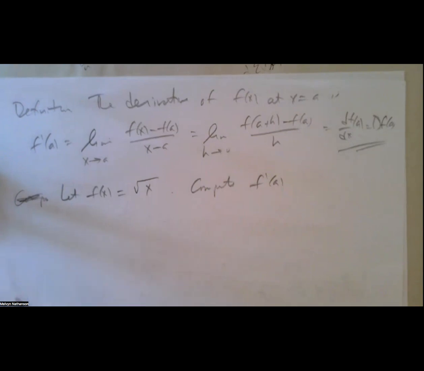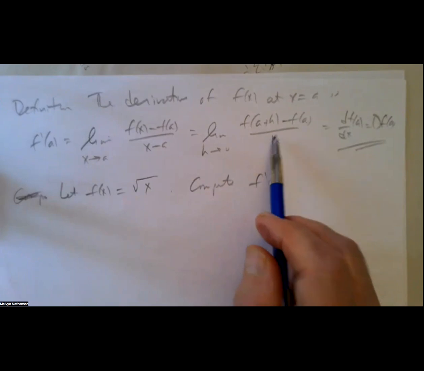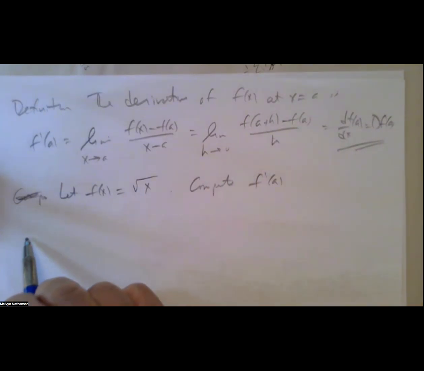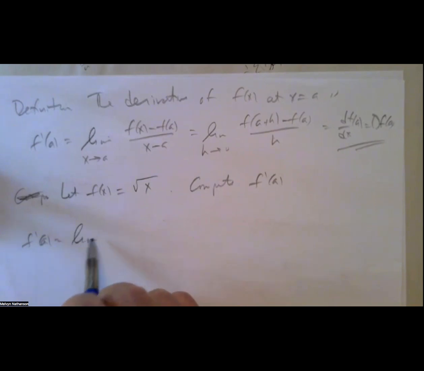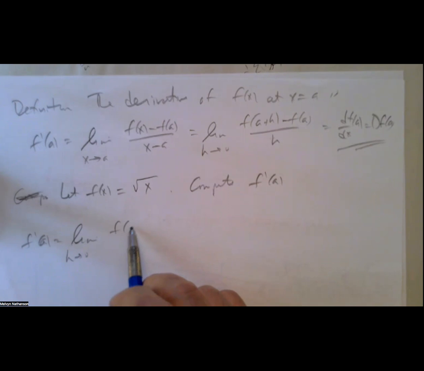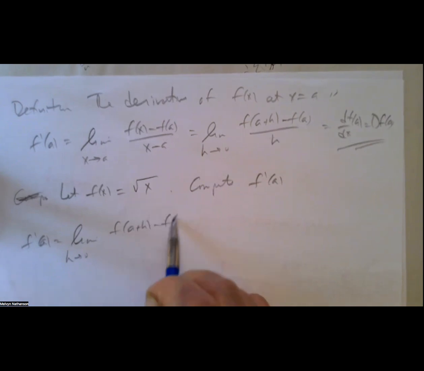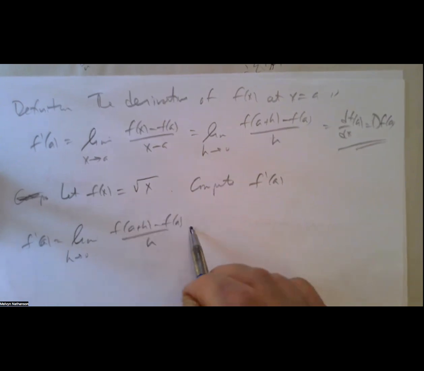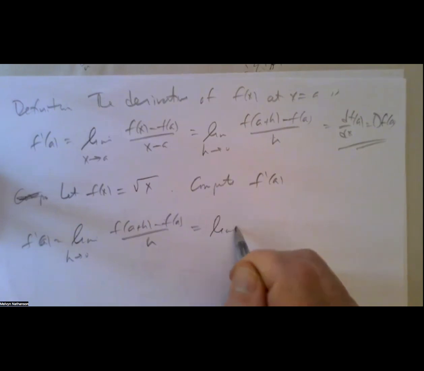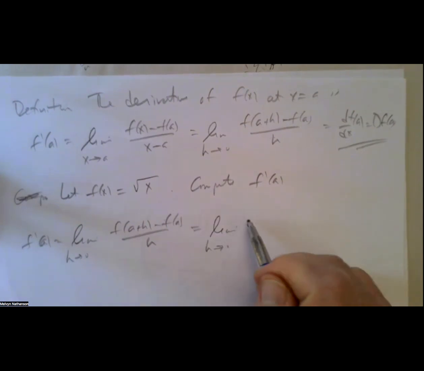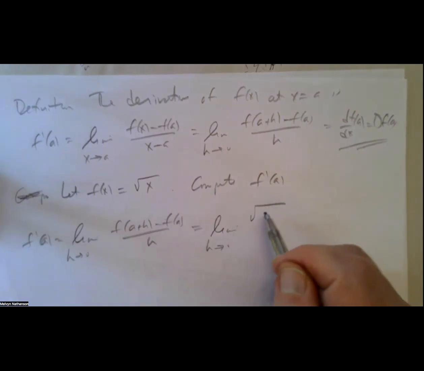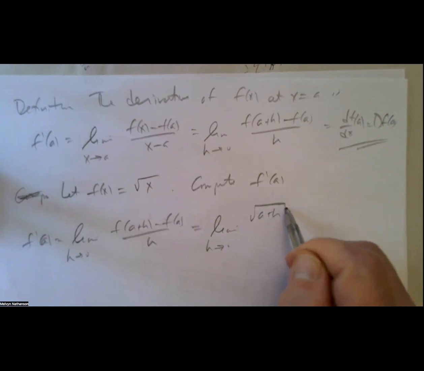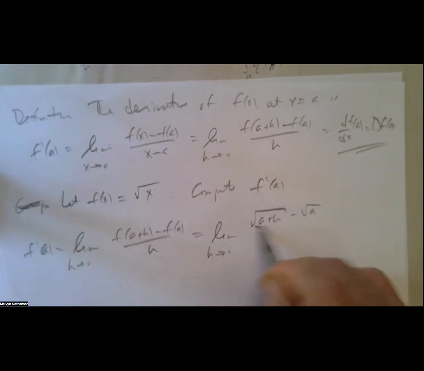So let's see, let's use this definition. I like that one. So f prime of a is the limit as h goes to 0 of f of a plus h minus f of a over h, which is the limit as h goes to 0 of the square root of a plus h minus the square root of a over h.